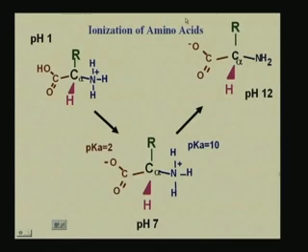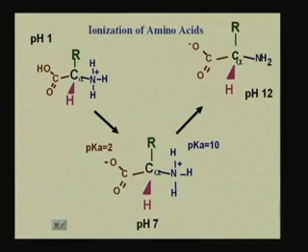At a pH of 1, we have our carboxylic acid protonated, we have our amine group protonated. There is no other place where a proton can be accepted here. As you increase the pH, or rather if you consider a titration, say you are adding base.